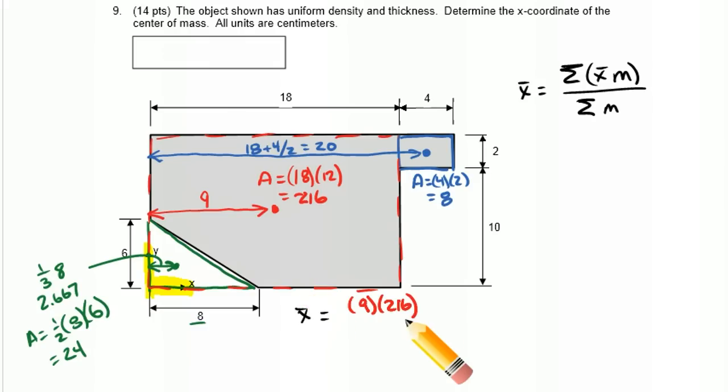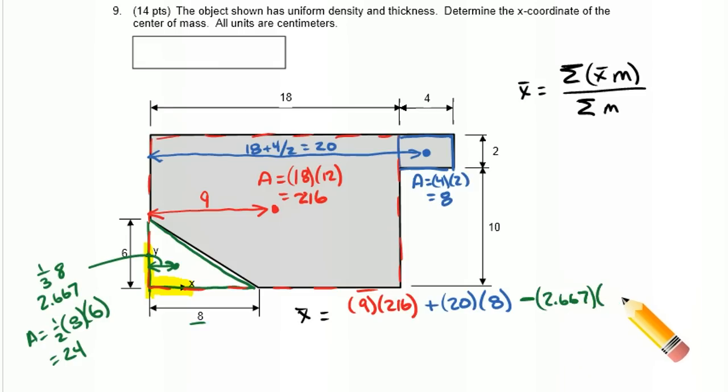We'll add in the blue part, centroid of 20 in the x and an area of 8. We have to subtract off the triangular area. It's a cutout, and its centroid was 2.667 and its area was 24.